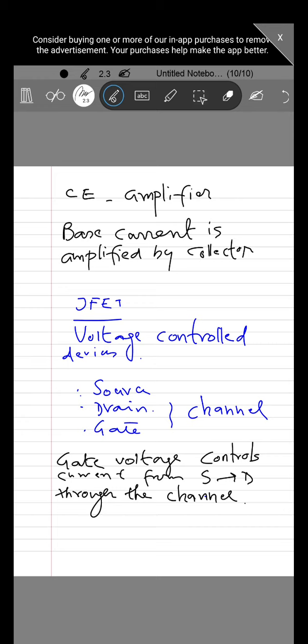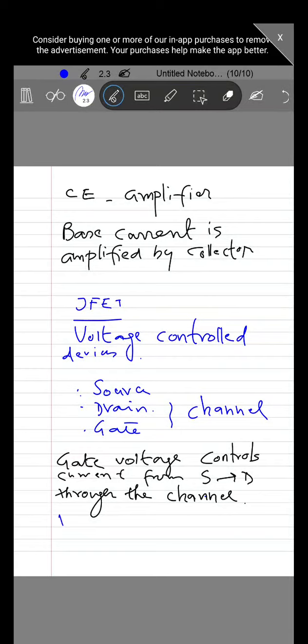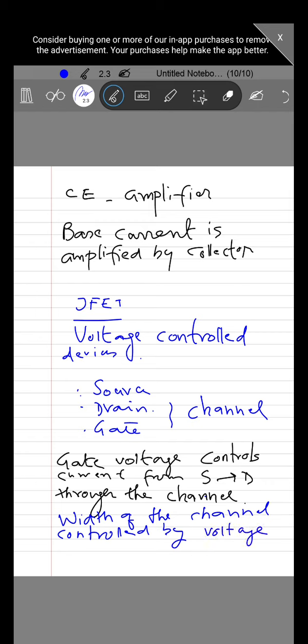And secondly, the width of the channel is controlled by the voltage applied through the gate.